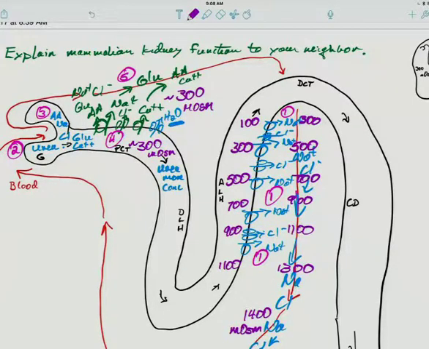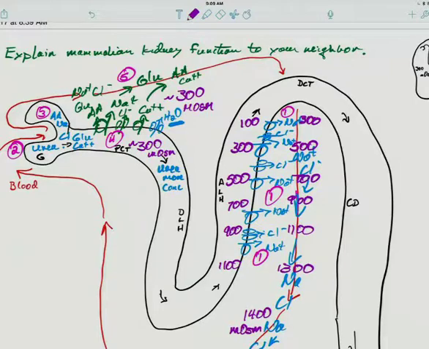And the blood moving down is more and more concentrated. We're going to talk in a moment about why it is so concentrated inside the tubule. But does it make sense to you that if we keep moving 200 milliosmoles worth of salt out, this is going to get more and more concentrated, right? Does that make sense?